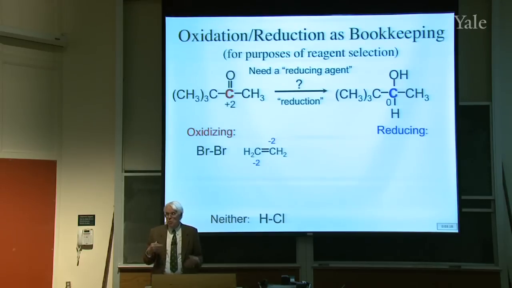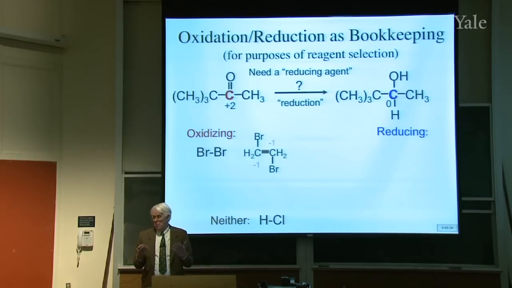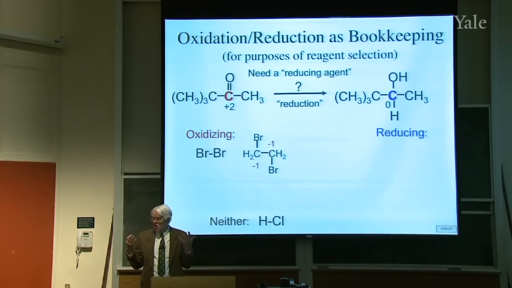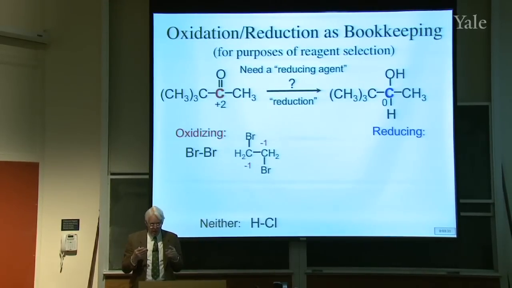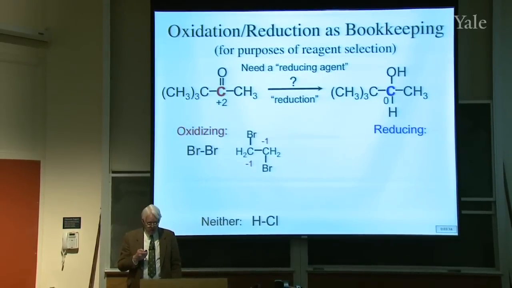Now we went through HOMOs, LUMOs, and so on, and saw how it reacts with bromine. Remember, a bromonium ion, bromide comes in, and so on. That's the mechanism. But for purposes of oxidation and reduction, they're now -1, right? Because the bromine replaced one of the hydrogens. So we went from -2 on each carbon to -1.